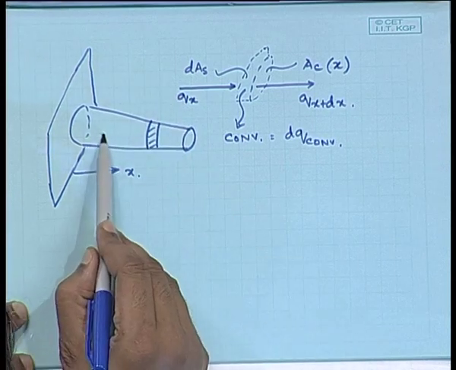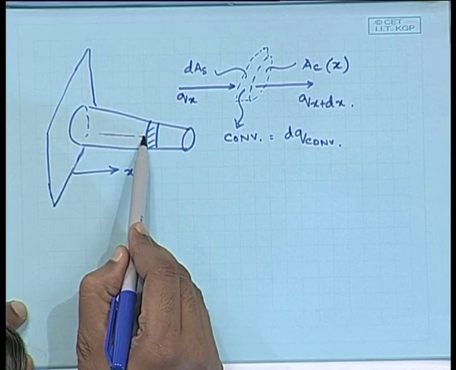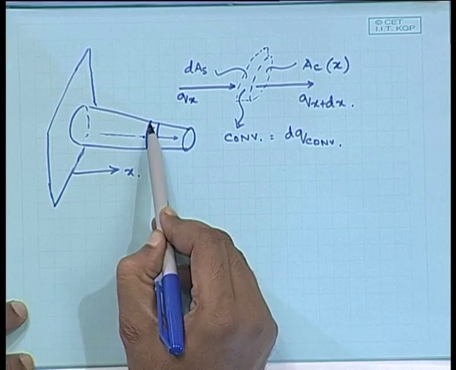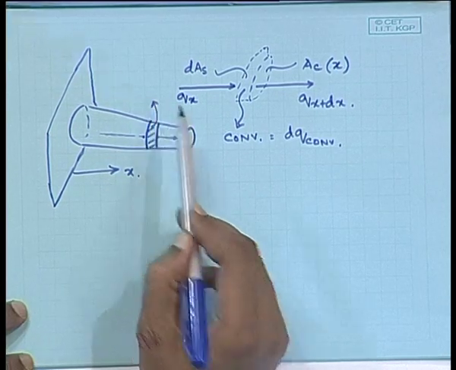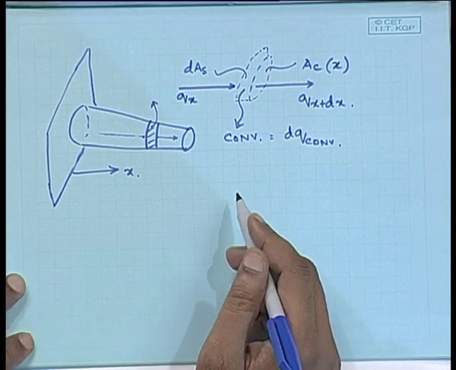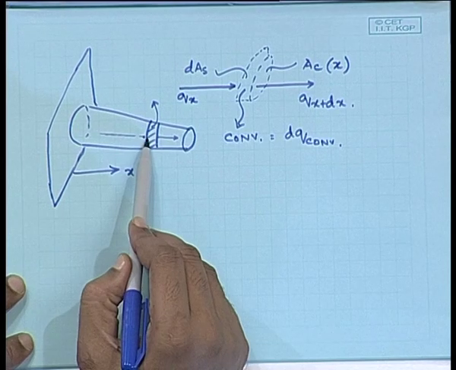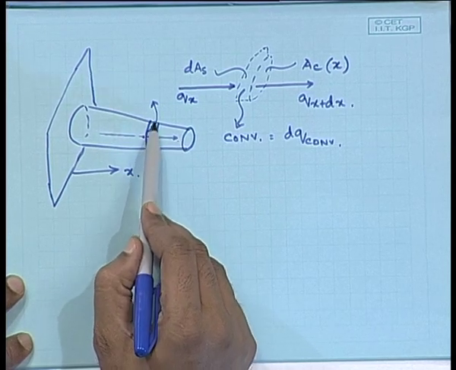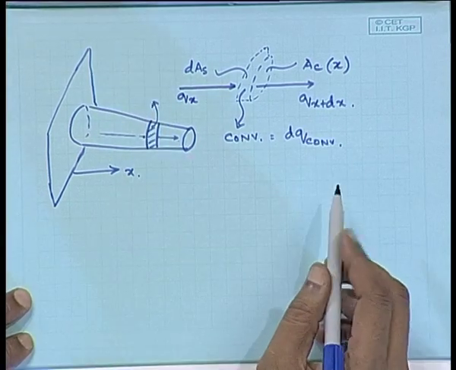Some amount of conductive heat which is coming to this point, the conductive heat which is leaving this, and the convective heat which is going out. That is the situation, right? That's the only possibility. It's not generating any heat. So, heat coming to this point, heat going out by conduction, and the heat that is leaving by convection.